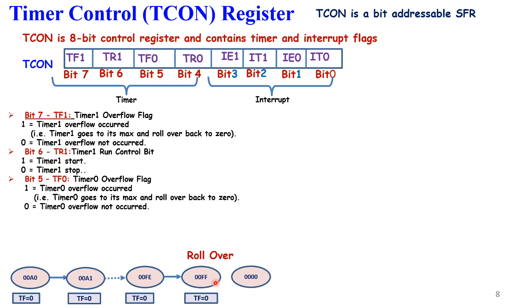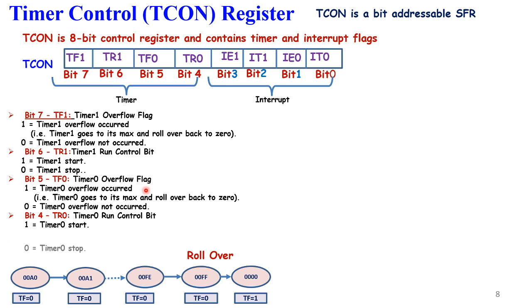Once rollover occurs, TF becomes set. So this is the condition for overflow. When TF is 1, that means the timer has rolled over to 00. So at that time the timer TF1 and timer TF0 flag bits get set.